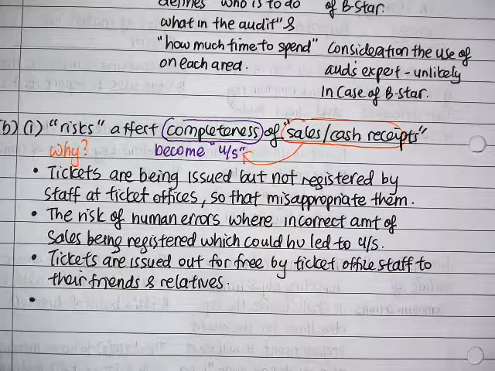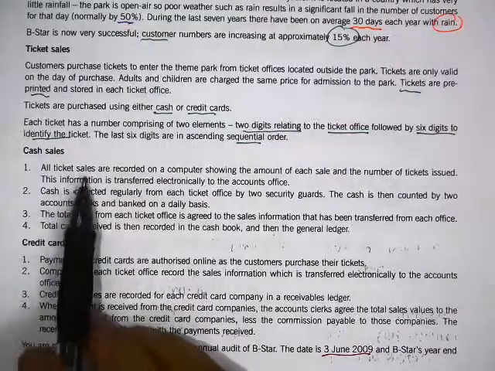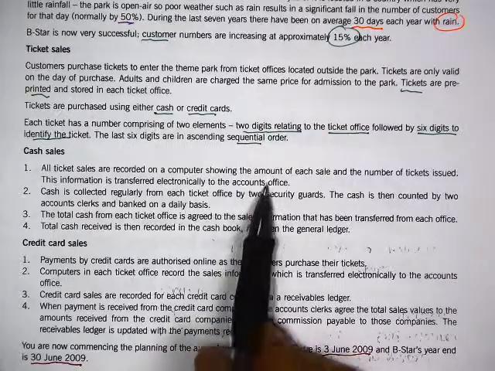Now, where else can we see a problem? So now the problem is we are blaming the people in the ticket sales. Who else can also be playing some funny tricks now? The clerk and the security guard, right? Because if you read the story, they tell us that the sales are recorded in the computer, then they transfer to the accounts office.